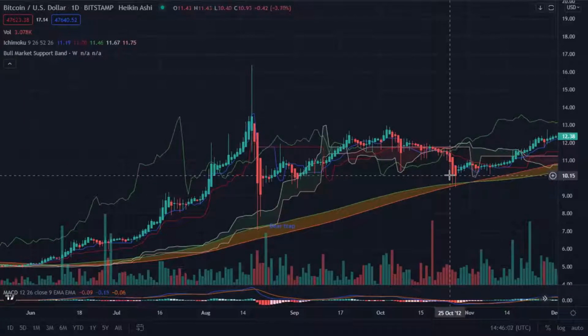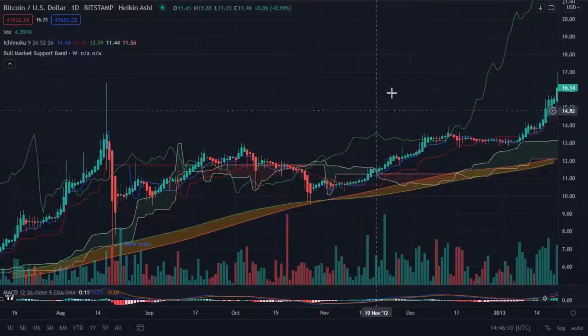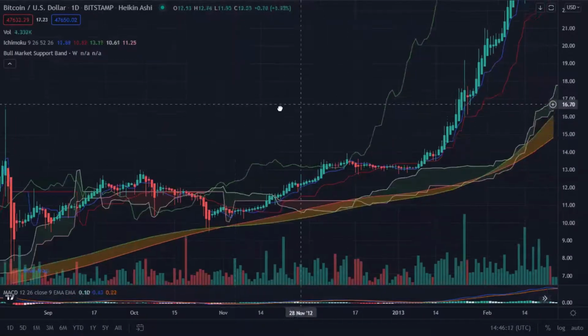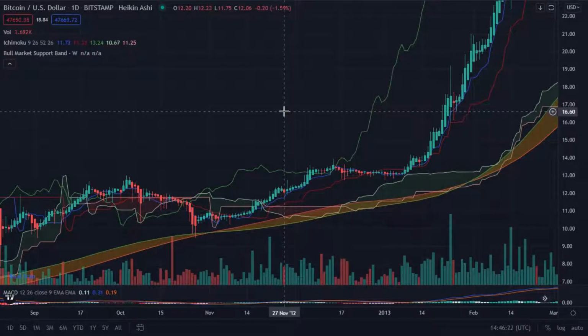I would love to come down and test the support band in our current market. Tested the support band and then whoosh, straight off to riches and fortune. That was the first bear trap in the 2012-2013 cycle.